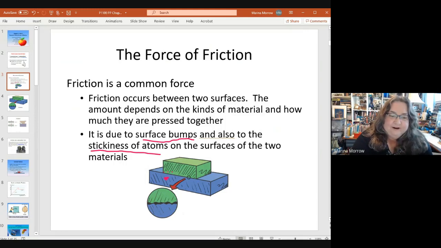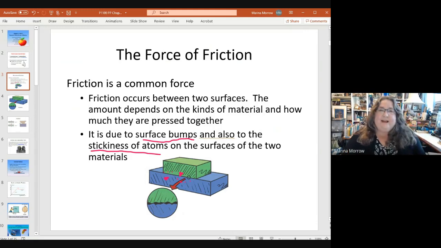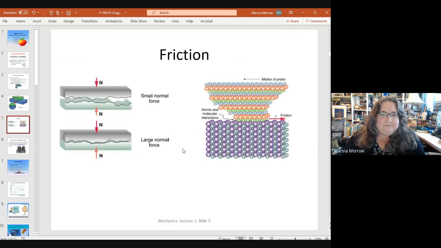And so what you actually have are atoms trying to stick together and interact between surfaces. So there's the roughness of the surface, and there is the atomic interactions.